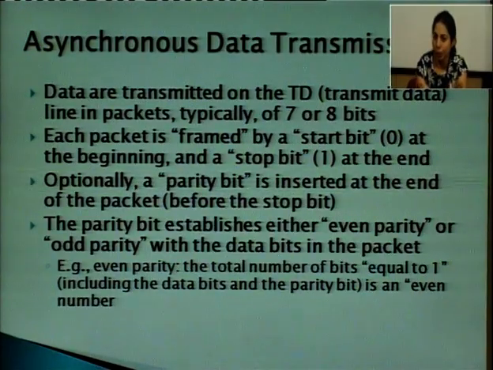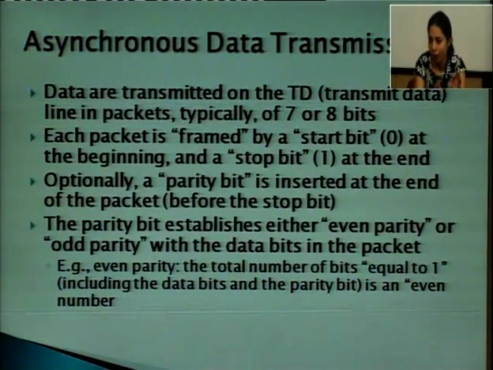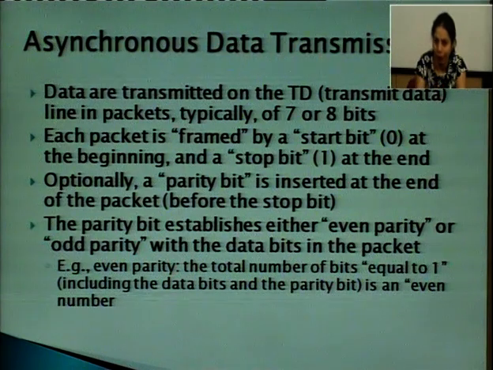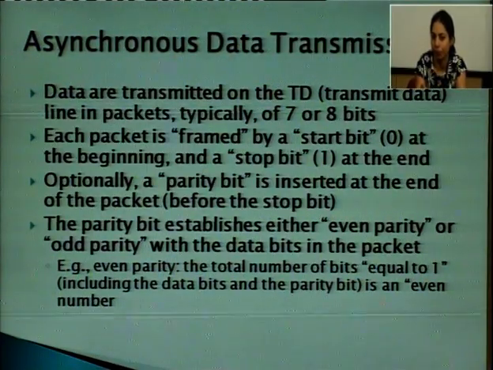Means we have 8 bits as data bits. In the starting we add a start bit which is always 0, showing the start of a frame, and at the end of the frame we use a stop bit which is always 1, showing that it is the end of the frame.